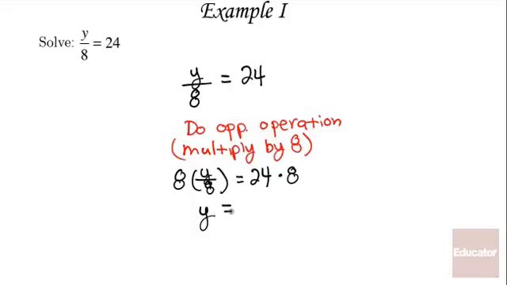And multiplying out 8 times 24 gives me 192. So I start out with y divided by 8 equals 24, and in order to isolate the y, I multiplied both sides of the equation by 8, which helped me solve the equation, which turns out to be y equals 192.